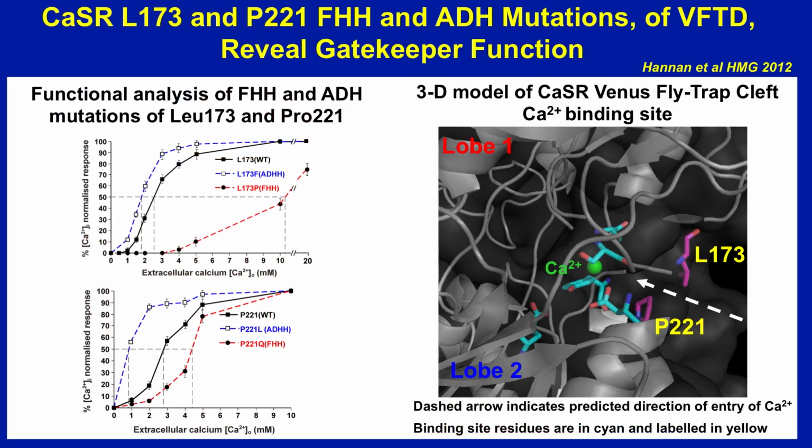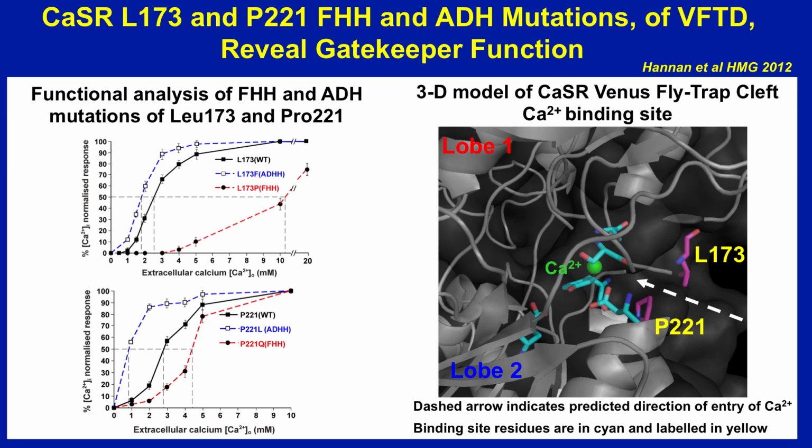I'm going to focus on 2 residues of the calcium-sensing receptor. One is at codon 173, normally it's a leucine, and the other one is at codon 221, it's a proline. There are over 250 mutations reported. I'm not going to go through every one. I just want to focus on these 2 because they illustrate a particular point.